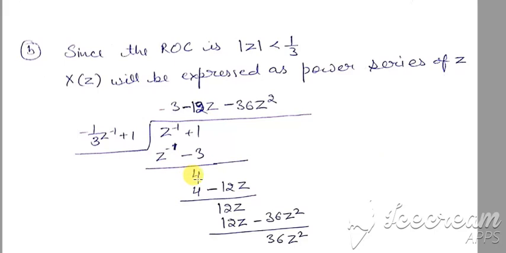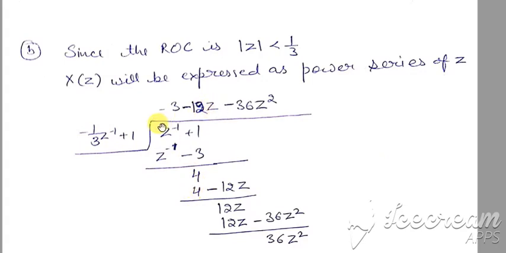Now here we have 4 and here this term is 1/3 z^-1. So to get 4 here we will multiply with 12z. 12 into 1/3 is equal to 4, and z into z^-1 is equal to 1.